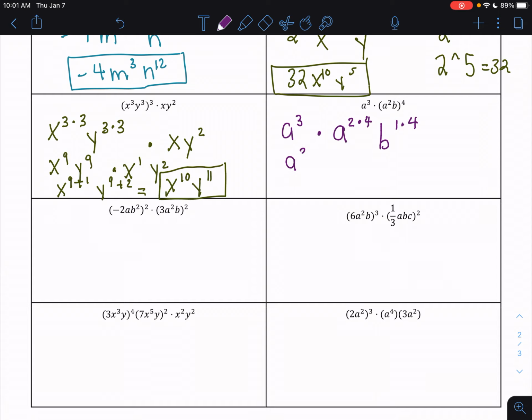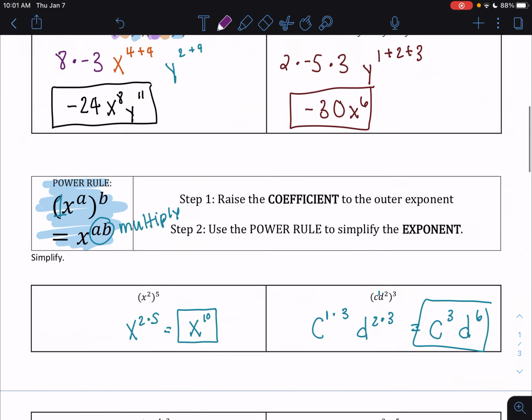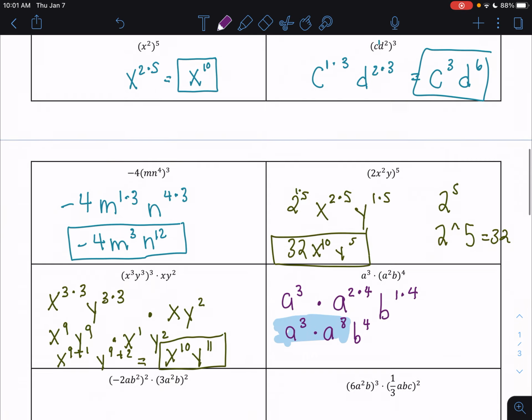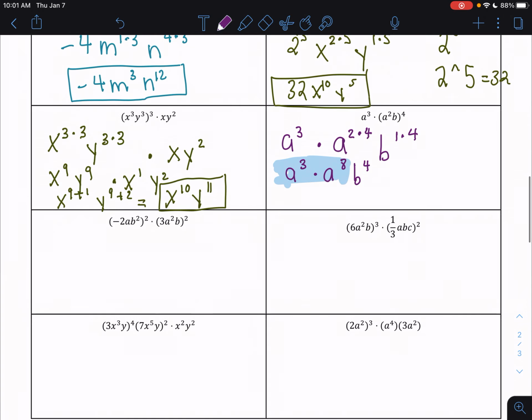Then we can simplify that down, a to the third times a to the 8th times b to the 4th. Now we can combine these a's, right? We have to use the product rule. So this is the power rule. We're going to use the product rule for this. So a to the 3 plus 8 times b to the 4th, which equals a to the 11th times b to the 4th.